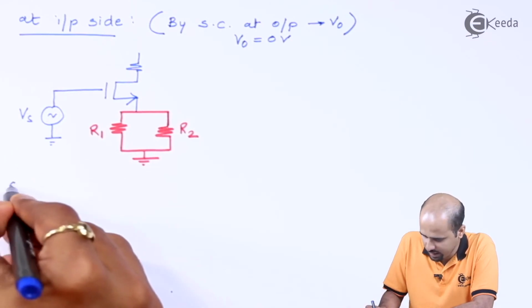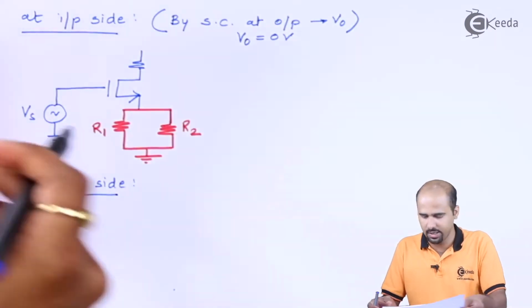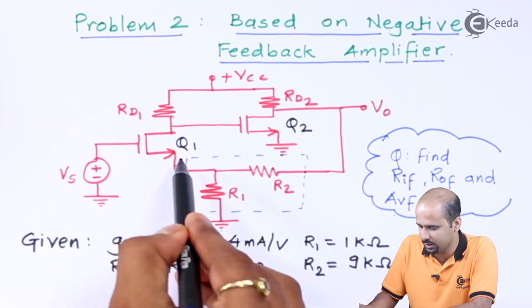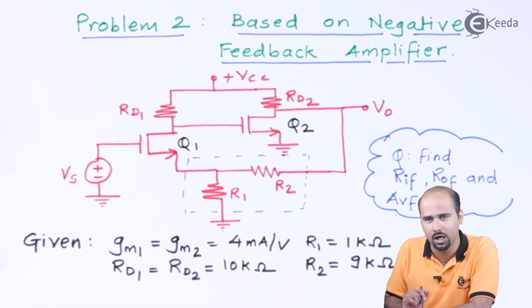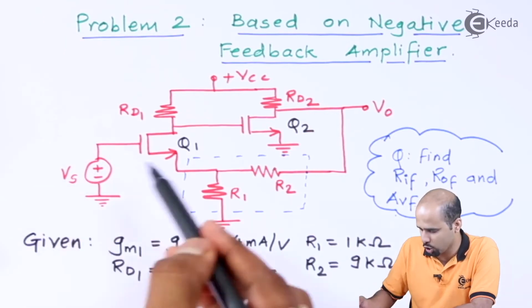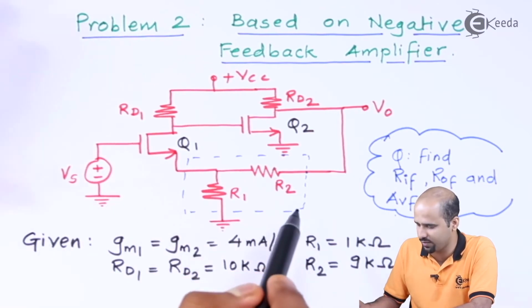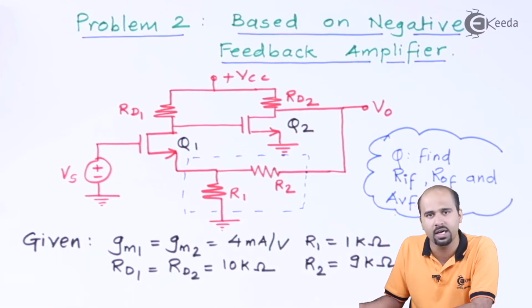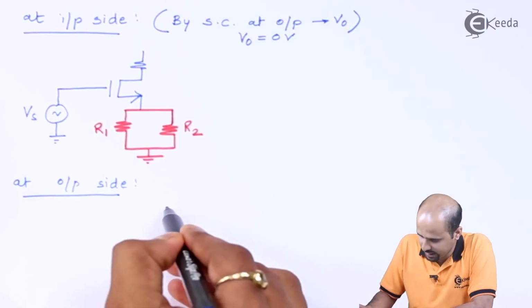Now I will modify at the output side. At the output side, what will we have to do? As this is the series connection, I will open the feedback connection because I want the circuit without feedback, so there should not be any interference of the feedback with my amplifier. So I'm taking this disconnection from the source side, so I will be getting R2 and R1 in series connection at the output side, that is at the drain side of the second stage. So I will draw the particular circuit based on that.